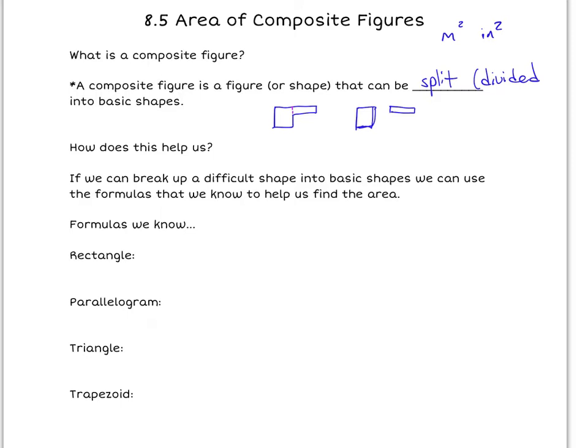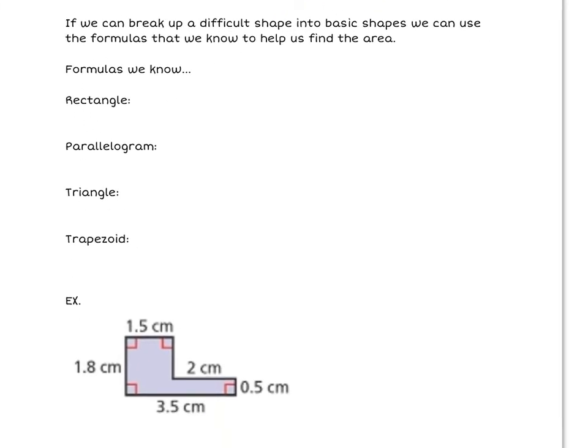If we can break things into basic shapes, we can use the formulas that we know to help find the area of those. If you remember back, the formula for the area of a rectangle: area equals length times width. The formula for a parallelogram: area equals base times height. These two formulas are very similar.